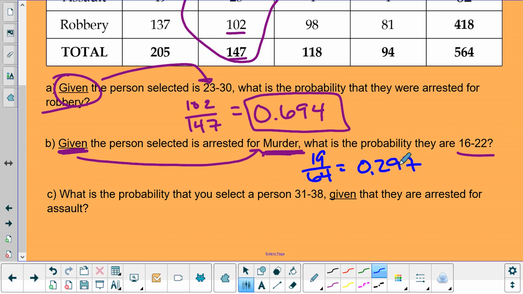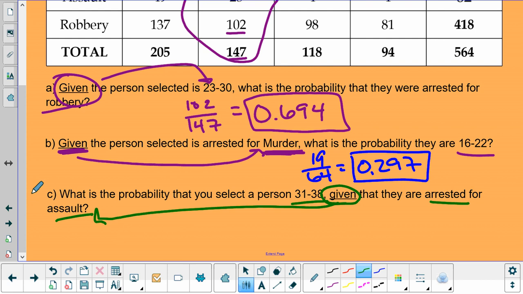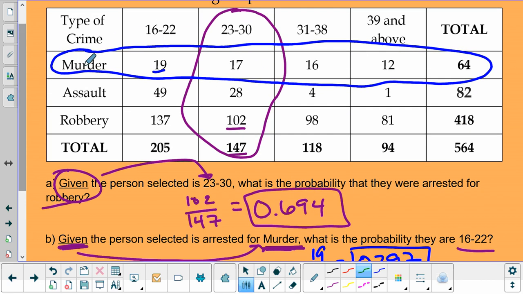And again, bust out your calculators and type these things in so that you know you're rounding them the correct way. Okay, let's look at the last one. What is the probability that you select a person who is 31 to 38 given that they are arrested for assault? So given assault, that's your total. So now I'm in this second row down.